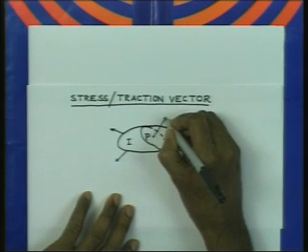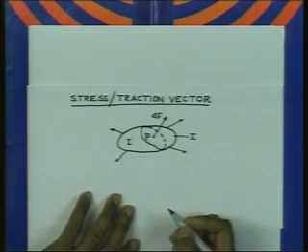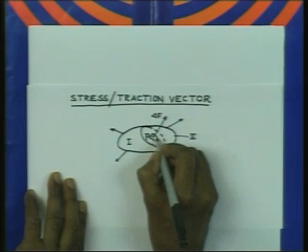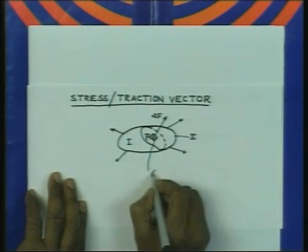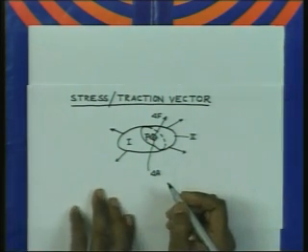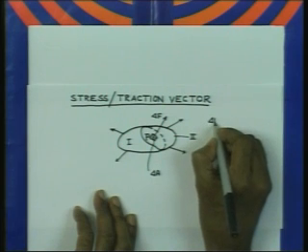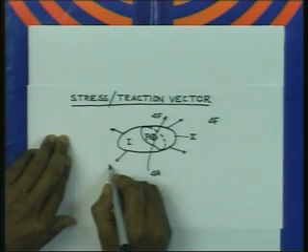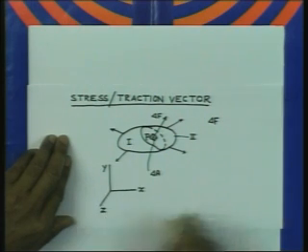So, we will consider that this force is equal to delta F. Now, if we just consider an area around this point, let us say this area, which we will represent by delta A. Now, delta F will have components; it can be resolved into components in the three Cartesian directions x, y and z.